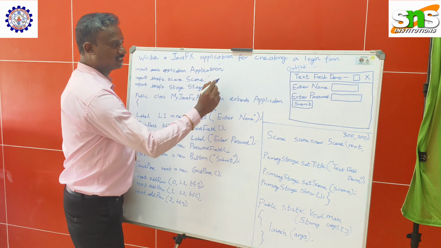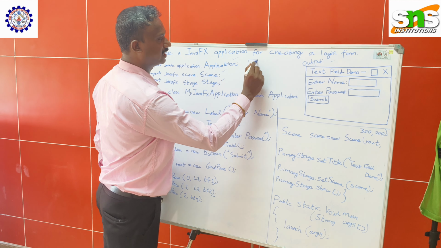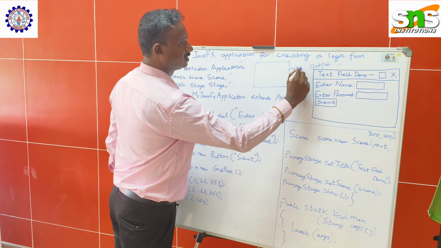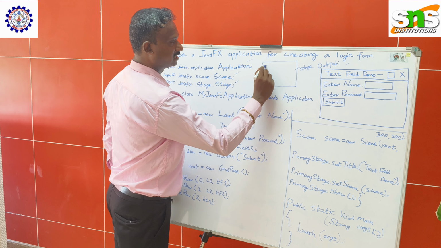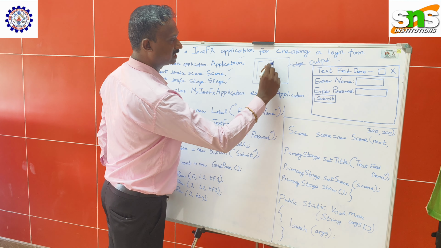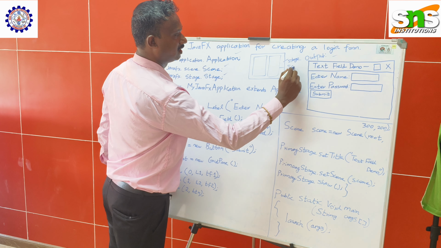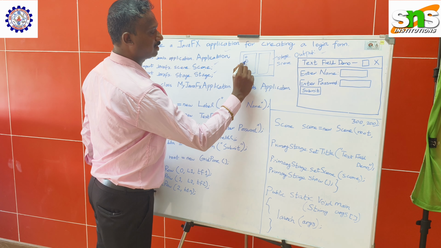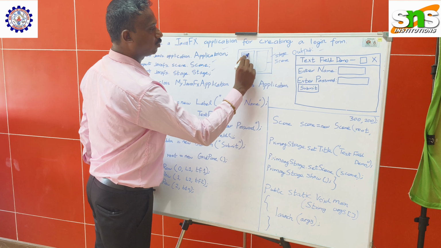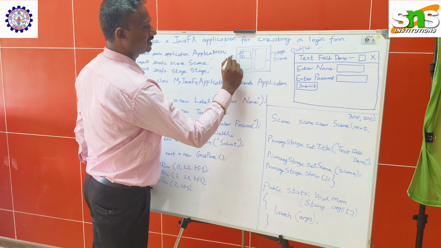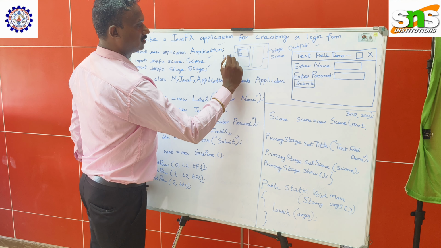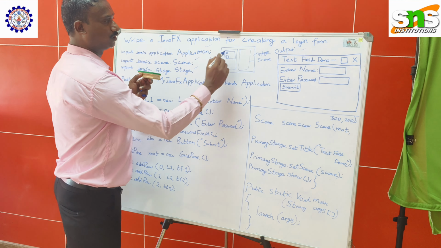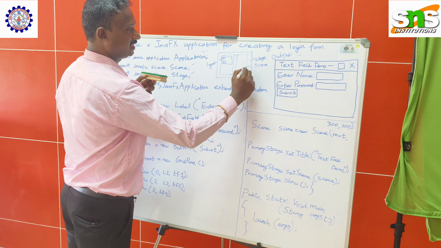If you want to understand this, with this simple diagram we can easily understand. This is called a stage. In that, there is a window, invisible, that is called a scene. If we want to organize any radio button or checkbox, then we need to create a pane, that is called a layout. So this is the output: this is a stage, this is a scene.